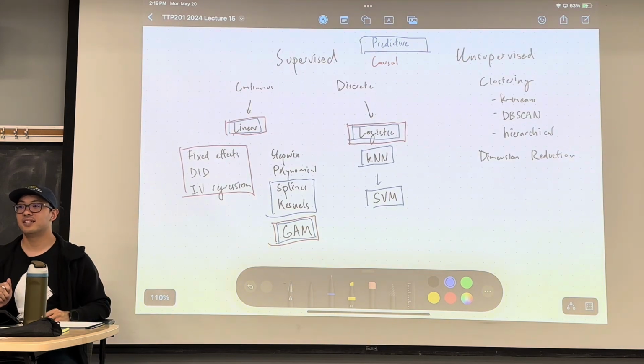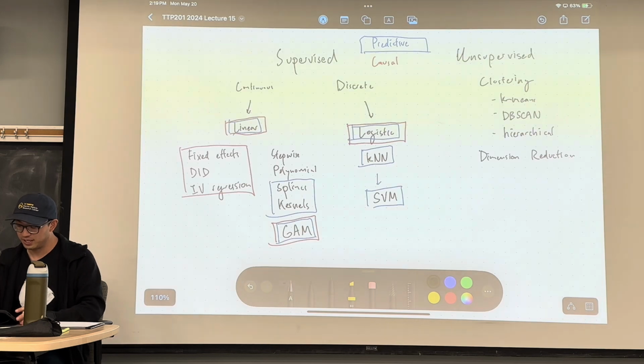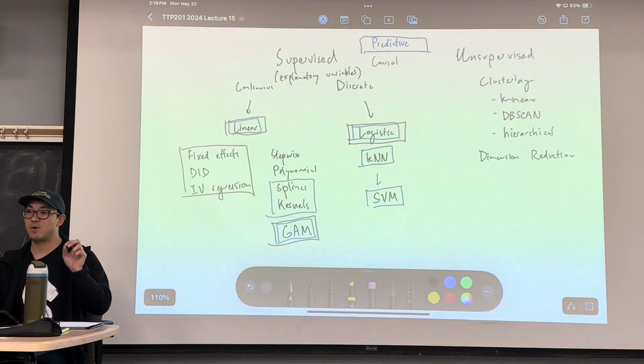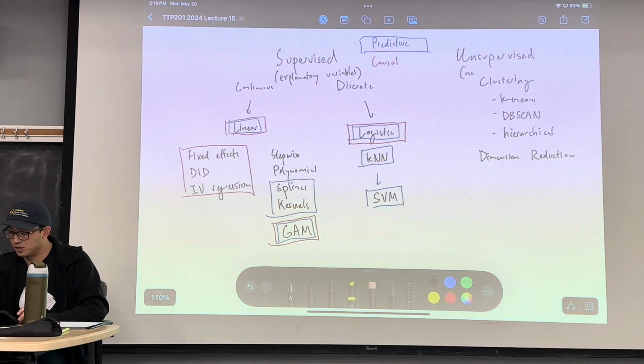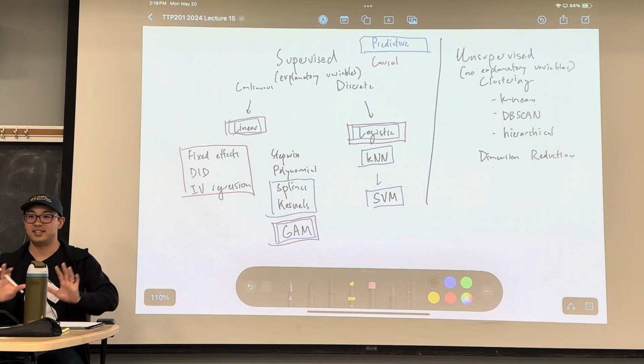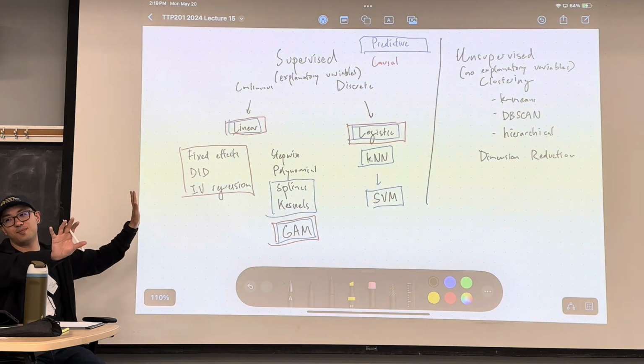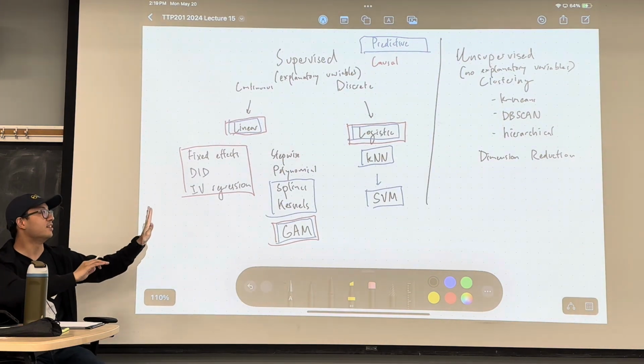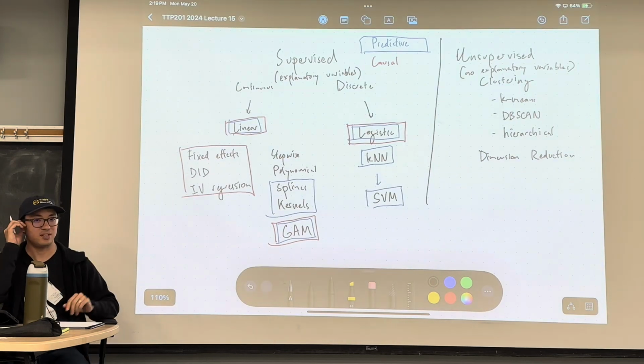Yes? What makes one side supervised and another unsupervised? Right, so supervised means that you have a y, an outcome, and unsupervised means no outcome. So really, these are very different sets of models for very different sets of things.